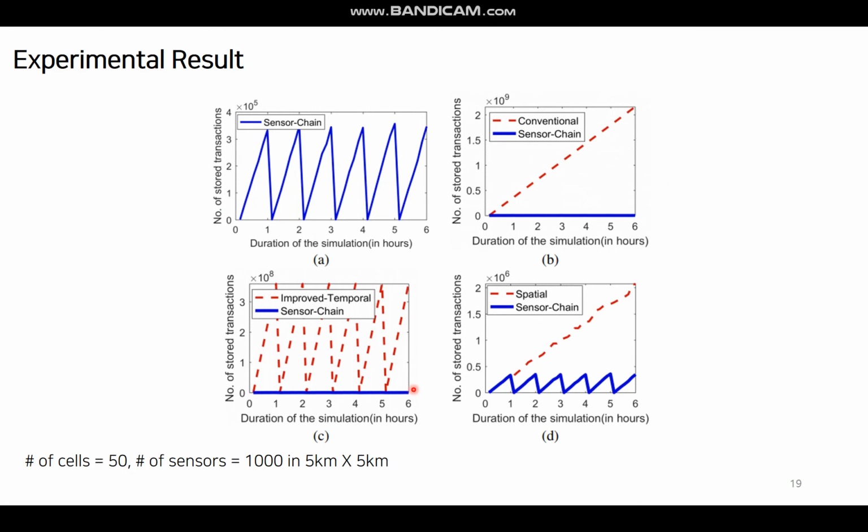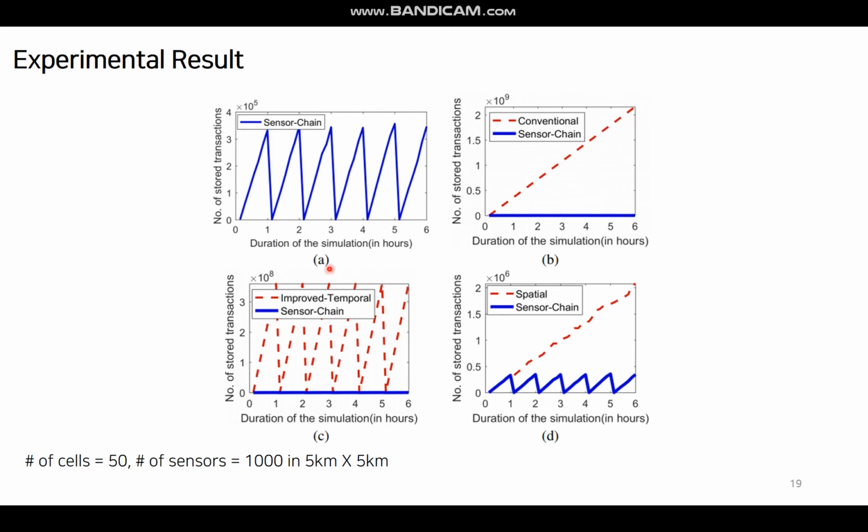And here is the experimental result. This is the experiment with the number of cells equal to 50, and the number of sensors equal to 1000 in a 5 kilometer times 5 kilometer region. This depicts that the sensor chain approach stores fewer transactions than the other approaches.